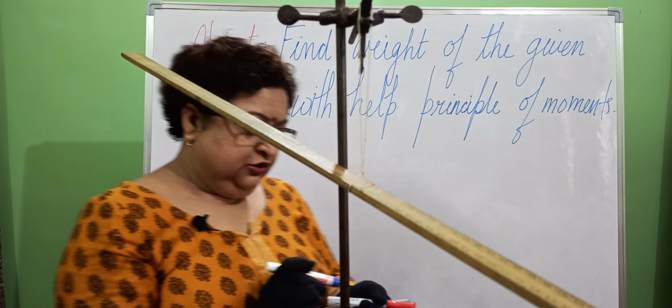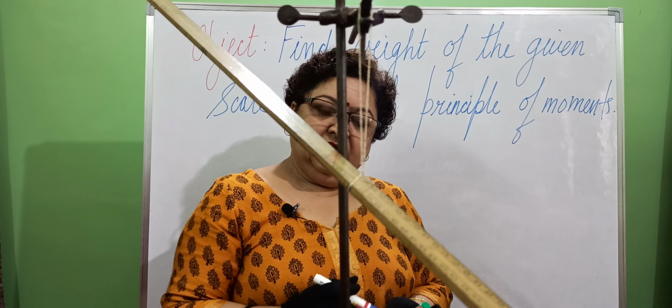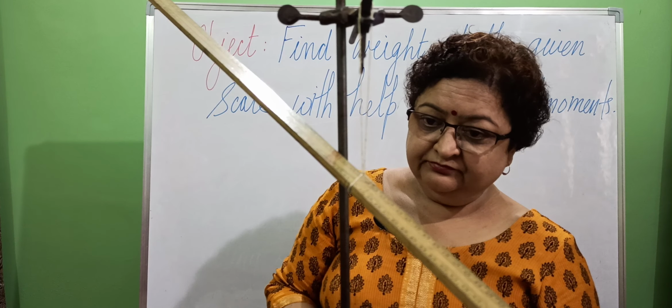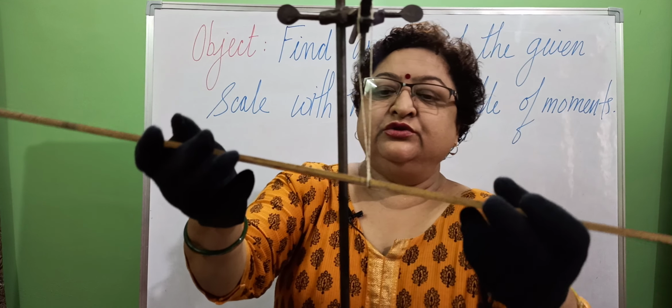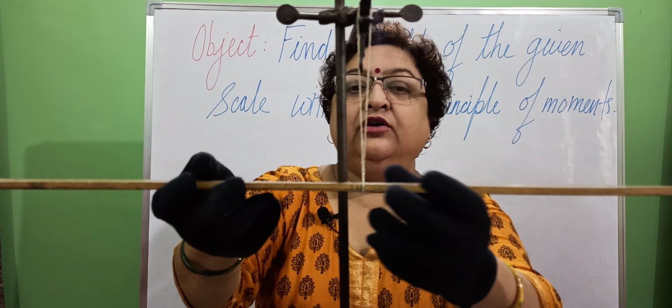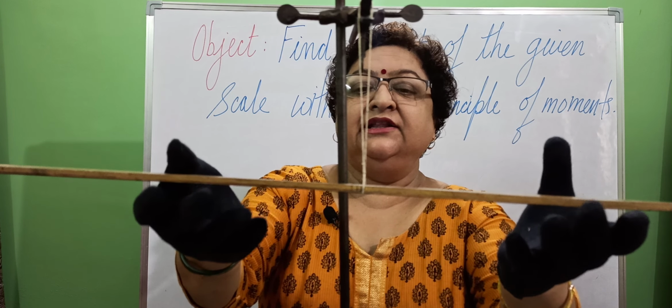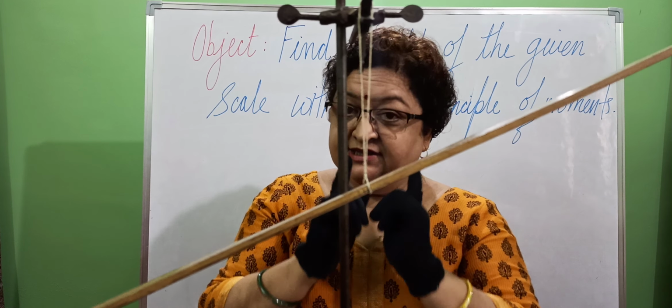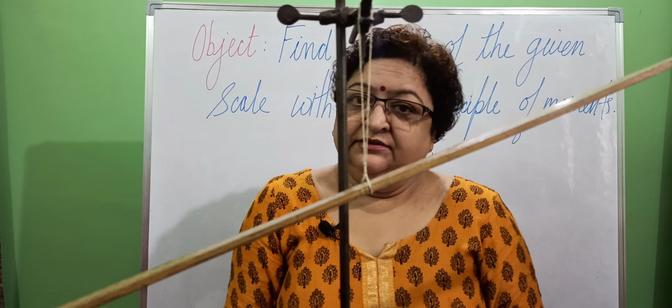right? So let me first understand the experiment. Yesterday I told you in the last class that if an object is freely suspended and that object is balanced, the point of suspension is the center of gravity of that object, right?